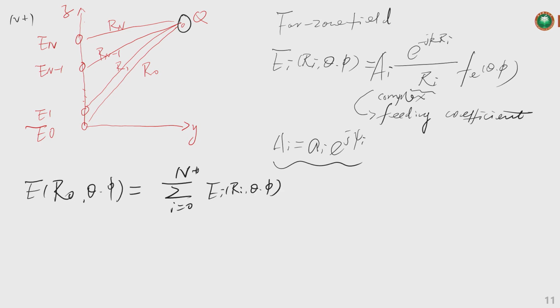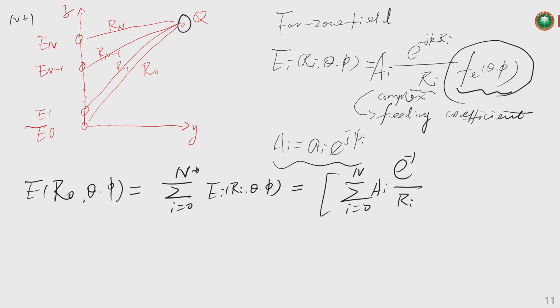Because we assume that all antennas have an identical directional factor, it can be denoted as A_i, R_i, with the number kR_i. So it's identical for each element, and it's expressed by this equation.